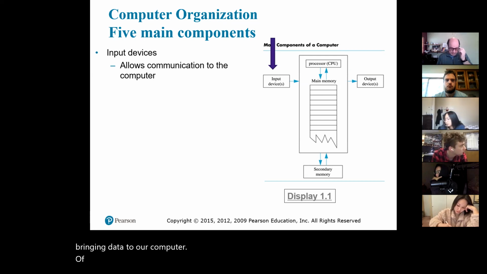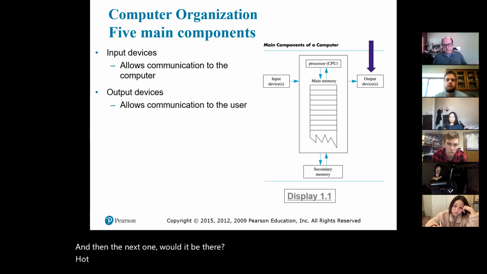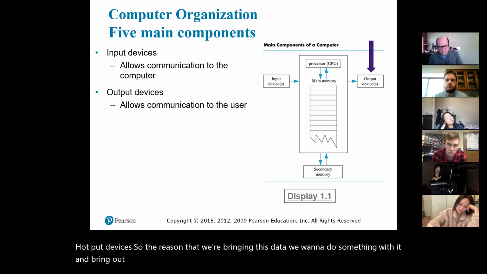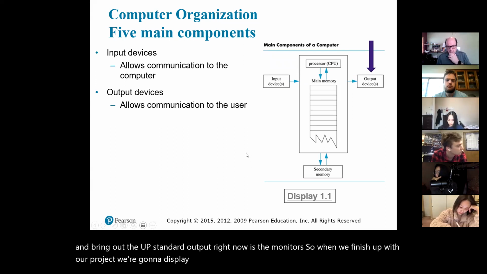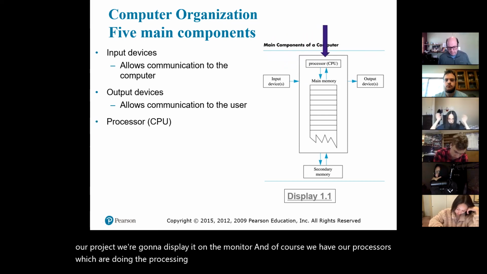And then the next one would be the output devices. The reason that we're bringing this data is we want to do something with it and bring out the output. The standard output right now is the monitor. When we finish up with our project, we're going to display it on the monitor. And of course, we have our processors, which are doing the processing for our program.